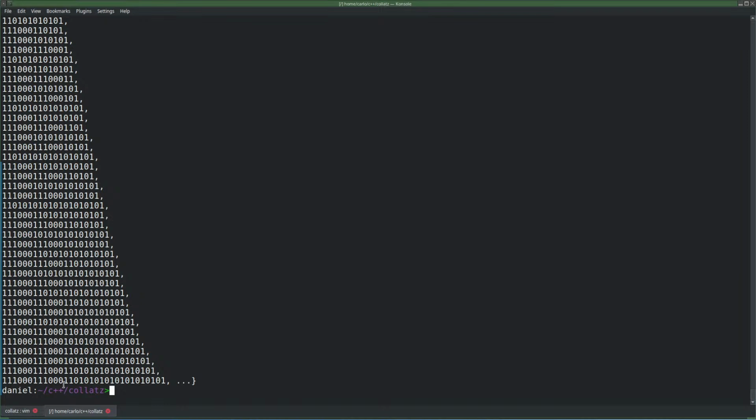So if you look at one of the largest ones, then I think these are the two different patterns that we are looking for.